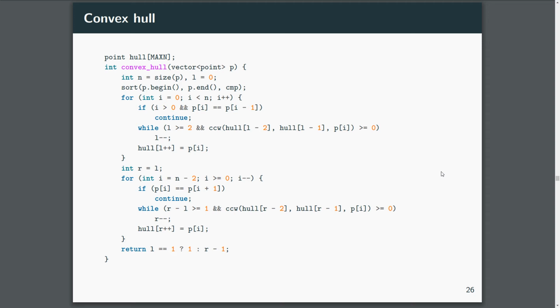Let's see, here we actually do it kind of differently. We sort by x value. In this code we're sorting by x value, and we're going through the indices first left to right, and then right to left. This is simply a different way of programming it.